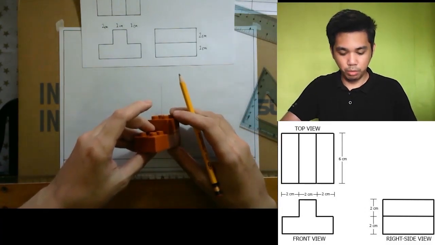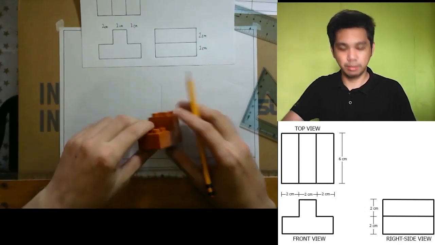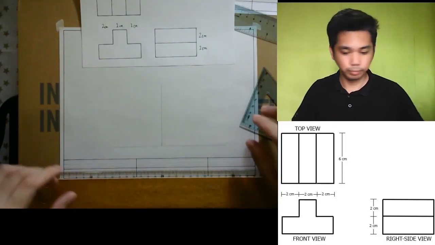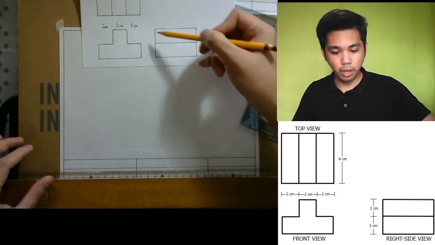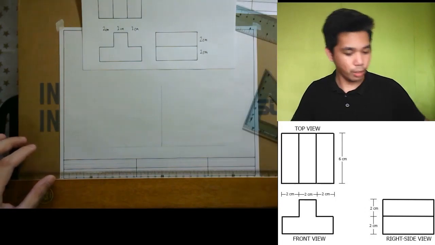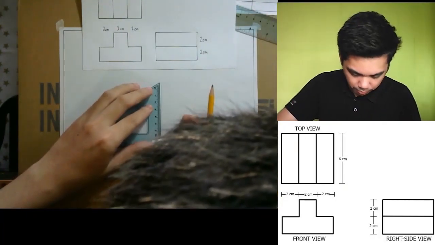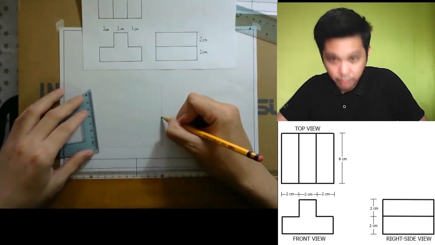So what we will do is create or project lines that will form our object. So from your apex going upwards, we have to measure 4 centimeters. So let's leave a mark there.